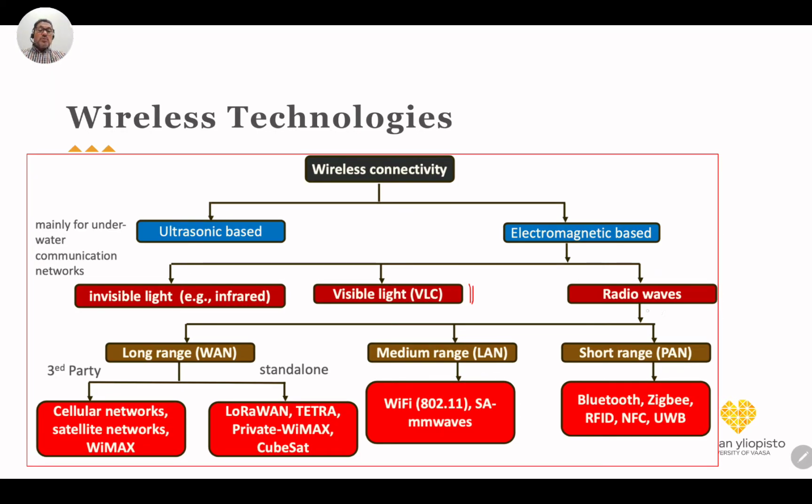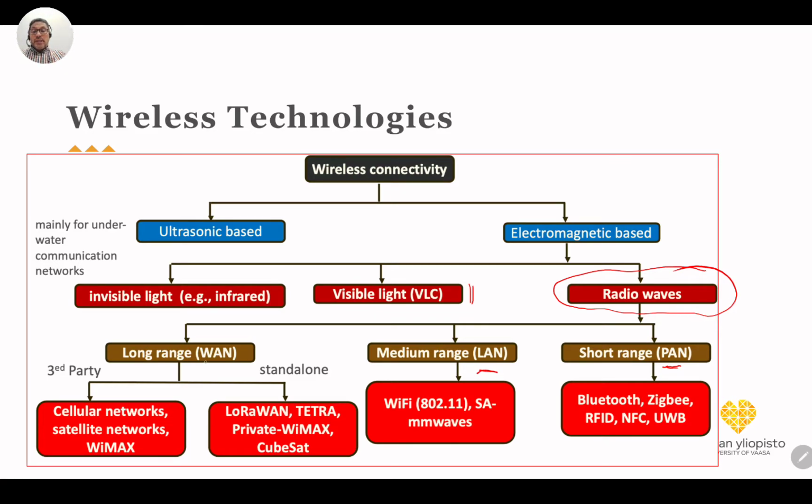The radio waves, which is actually our main interest here, can be divided into short range, medium range, and long range. In the short range, we call it a personal area network. And for the medium range, we call it a local area network.